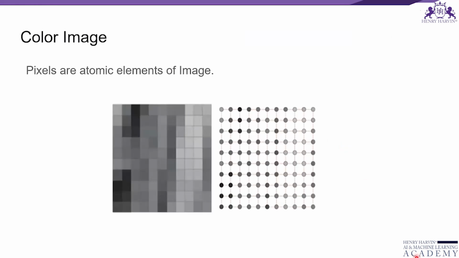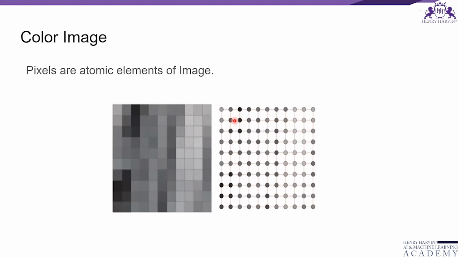Now if you look into this, you can see something over here, right? Here also we can see some colors, like black, white, gray, and some mixture of black, gray or white. Let me tell you clearly that pixels are the atomic elements of an image.